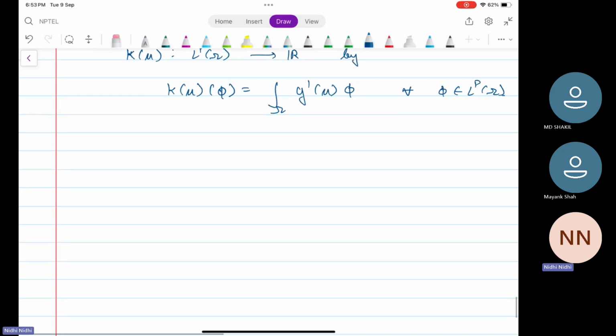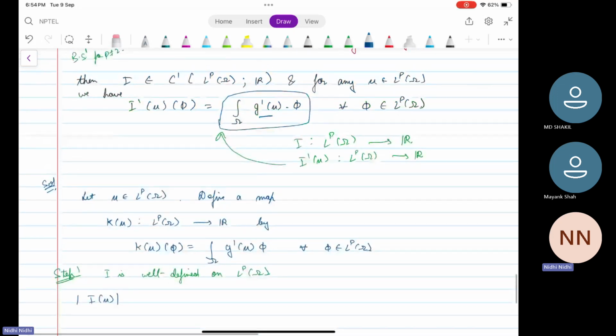Firstly, we'll see that this I is well defined. That means this integral is finite. Step 1: I is well defined on L^p(Ω). So let's start with modulus of I(u).